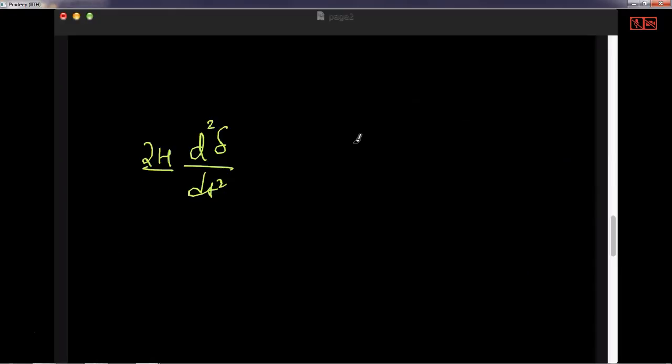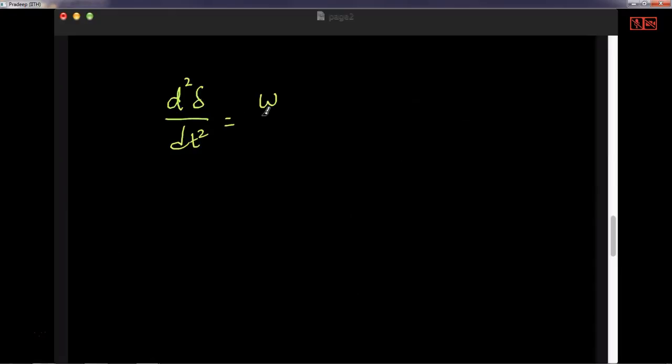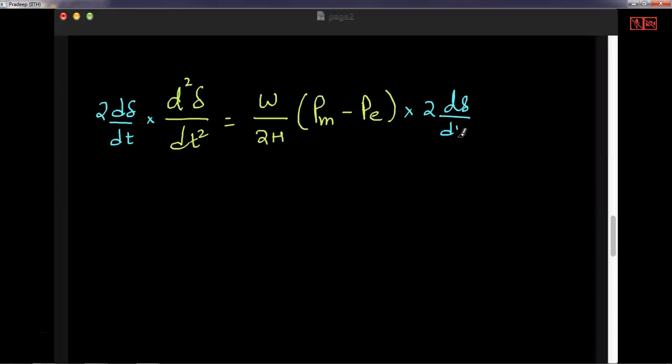So first let me write like this: d square delta by dt square equals omega by 2H multiplied by Pm minus Pe. I've just brought this term to the right hand side. Now what I will do is multiply on both sides with the term 2 d delta by dt. So I'm multiplying with the term on both sides.